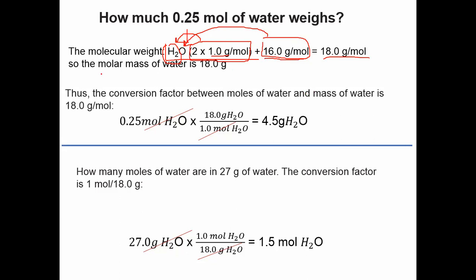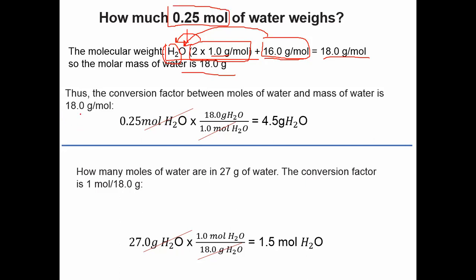So the molar mass of water is 18 gram. 1 mole of water is 18 gram of water. Now let's see how much water we have if we have 0.25 moles of water, right?